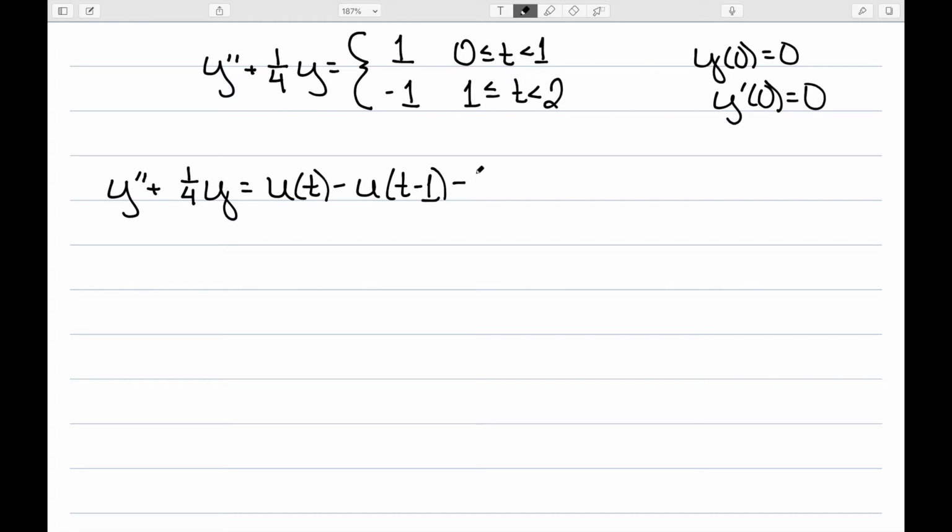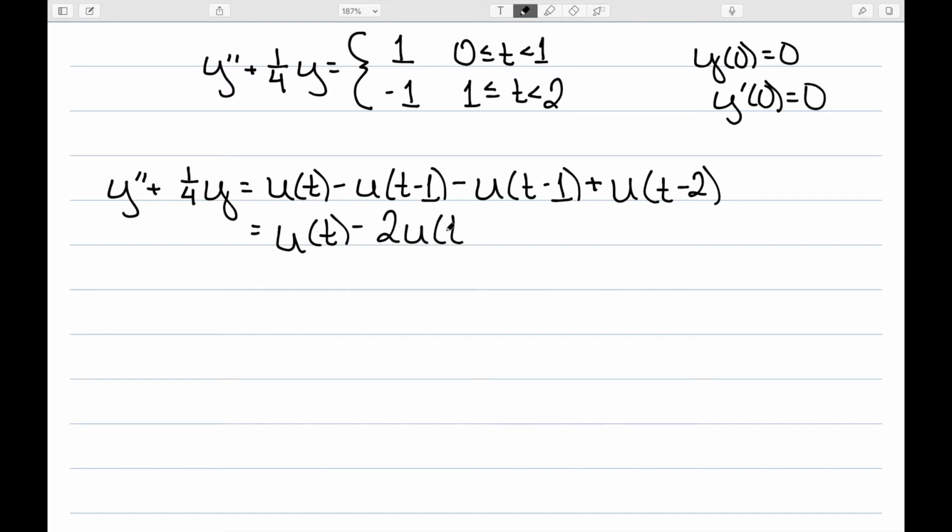We then have negative 1 times u of t minus 1, and then negative 1 times negative u of t minus 2. So I'm going to rewrite this as u of t minus 2u of t minus 1 plus u of t minus 2.